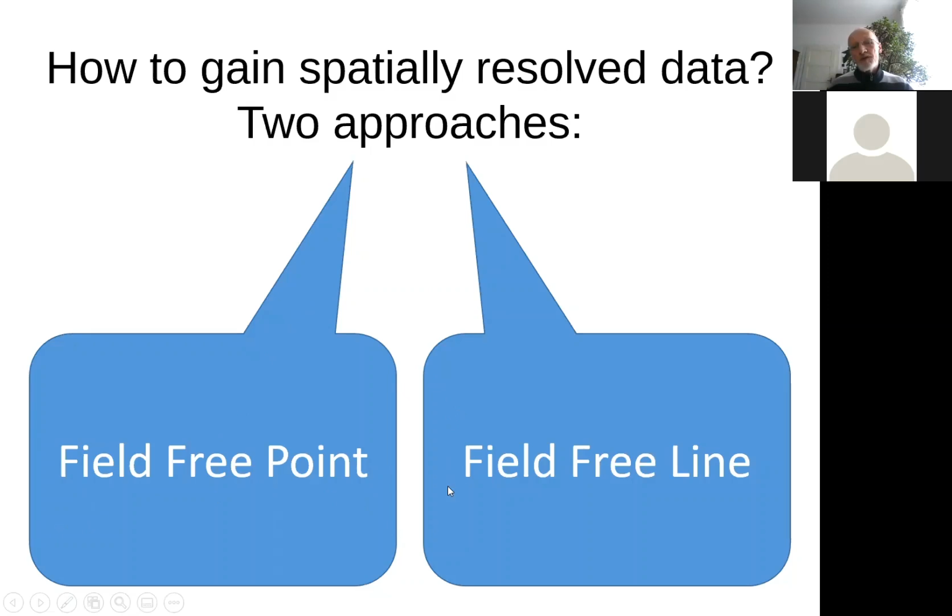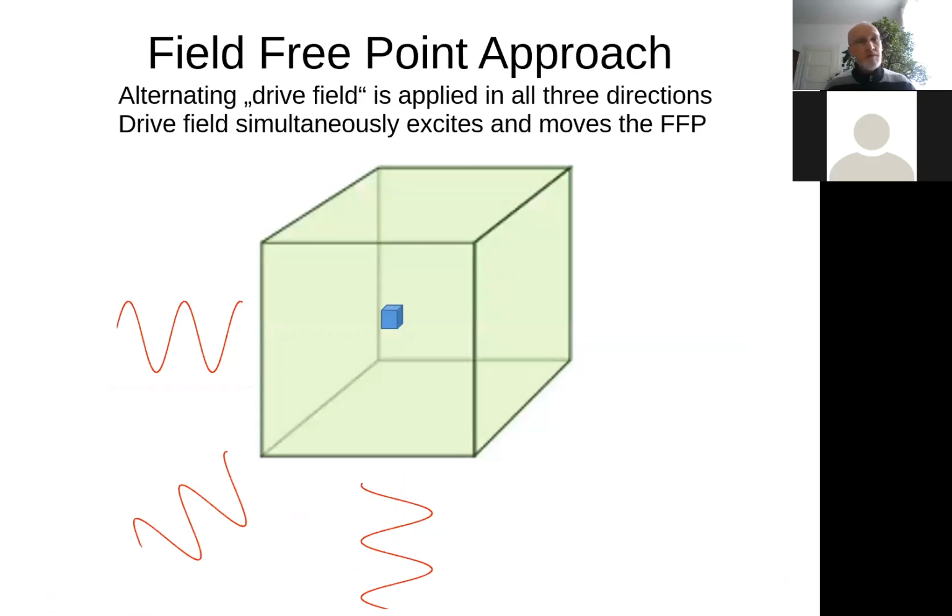Or another possibility is to use the field-free line approach, when the magnetic field is zero along one line in space. So I'll start with the field-free point approach first. It's a little bit complicated, but it's pretty interesting.